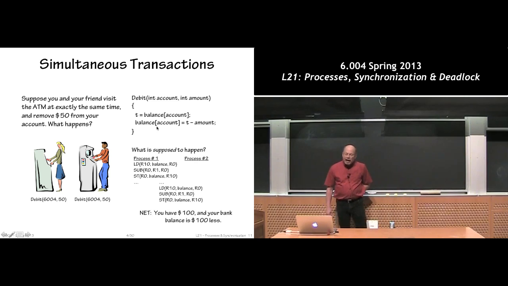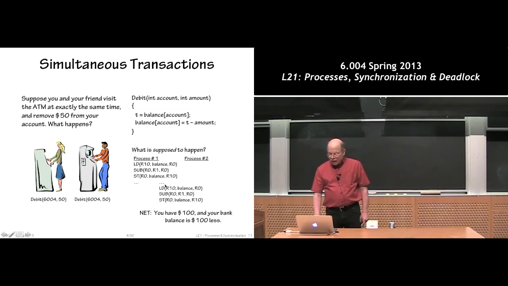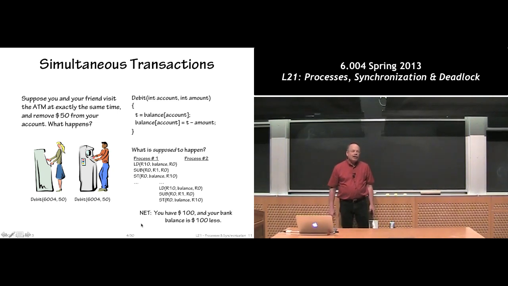And what the bank imagines will happen is that there'll be a process that's dealing with the first ATM and a process that's dealing with the second ATM. And there's a notion that fine, you do your transaction, and then I'll do my transaction, and these two programs run, and everything is fine, and we end up subtracting 100.